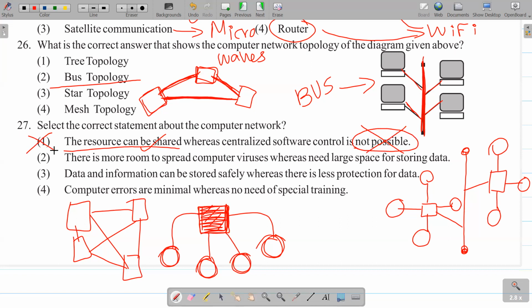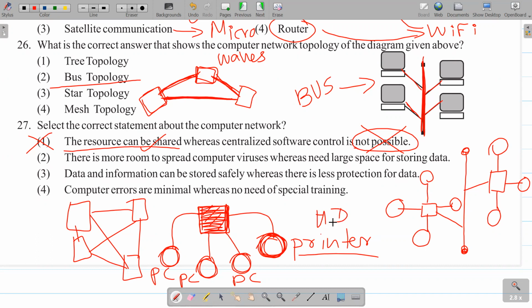Right? When we have a network, if this is a printer, and if these things are PCs, all three PCs can have printouts from this printer because it is connected to the network. So like centralized, that printer is going to be hardware.